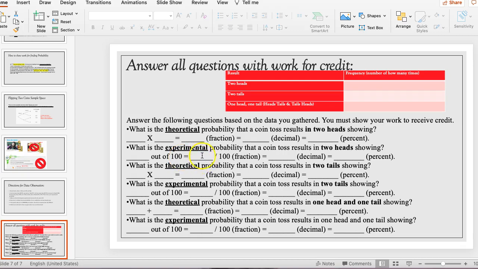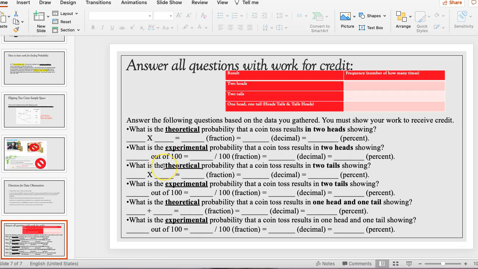So I need to write that as a fraction over 100, possibly even simplify that fraction if I need to, change the fraction to a decimal, change the decimal to a percent. You know how to do decimal to percent. You've got a calculator to help you. Please reach out to one of your math teachers if you need help with this.